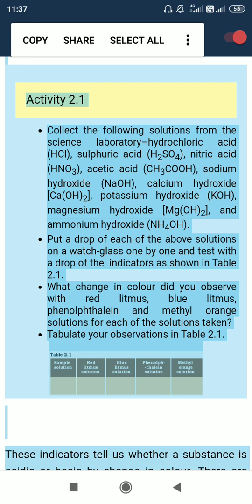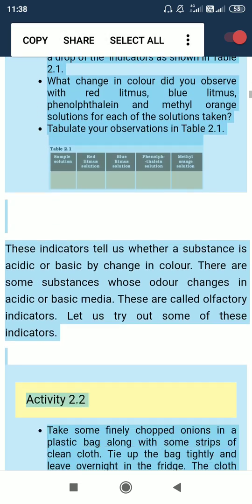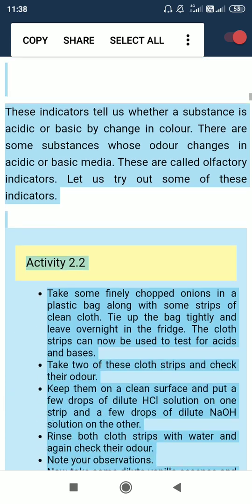Okay, so from blue to red, and the reverse, from red to blue, is performed by bases. Means if red litmus interacts with bases in the solution, then it gets converted to blue color. From blue to red it is acid, and from red to blue it is base.